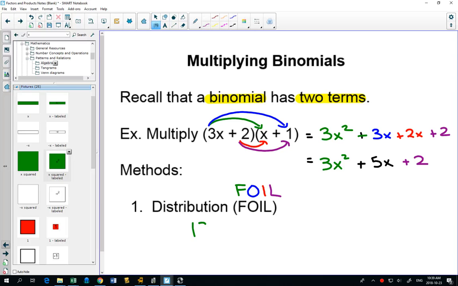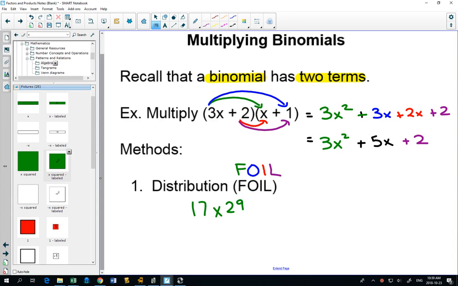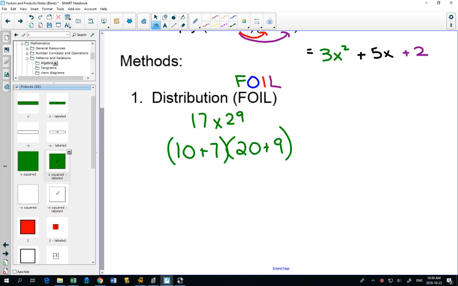I want to do 17 times 29, but instead I write it as 10 plus 7 and 20 plus 9. Can you do 10 times 20 easily? That's 200. Outside is blue. Can you do 10 times 9? Plus 90. Good. Inside, 7 times 20.